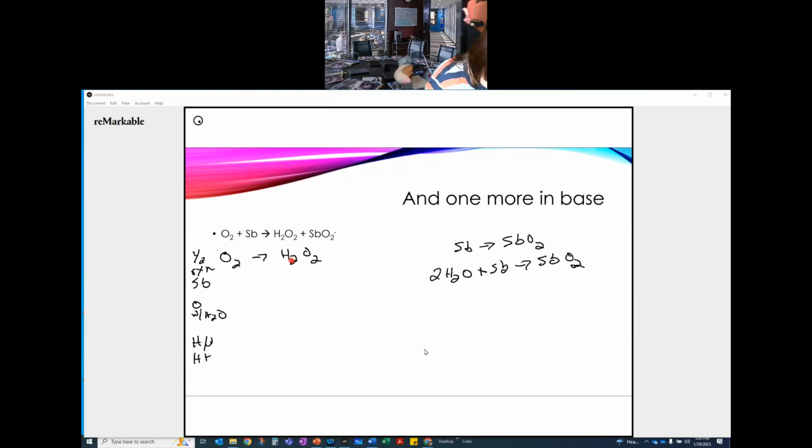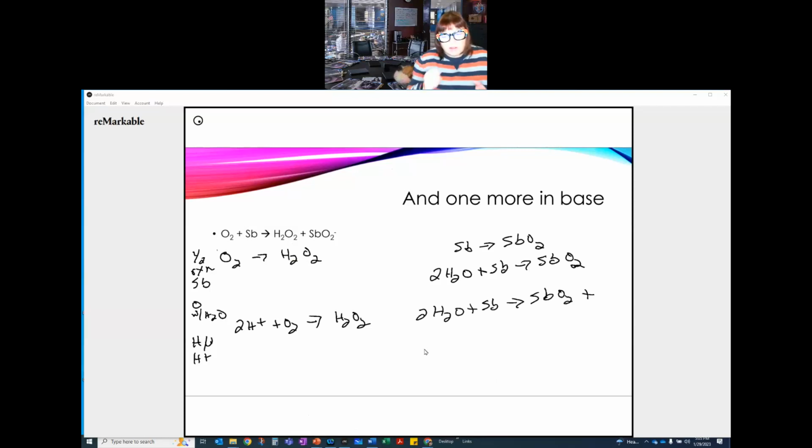I have two hydrogens in H2O2 and none on the other side, so I have 2H plus plus O2 gives me H2O2. And then I have 4 hydrogens here and none on the other side. So 2H2O plus Sb gives me SbO2 plus 4H plus.